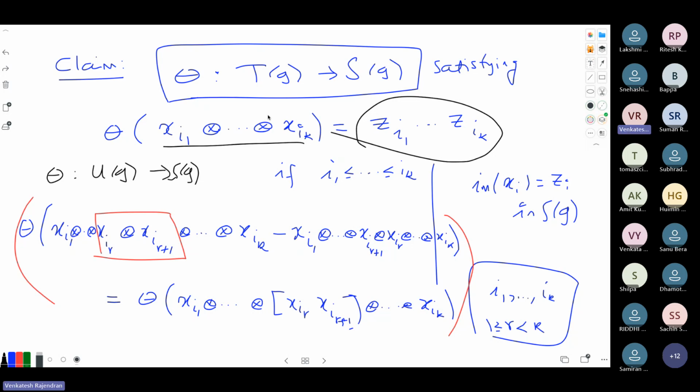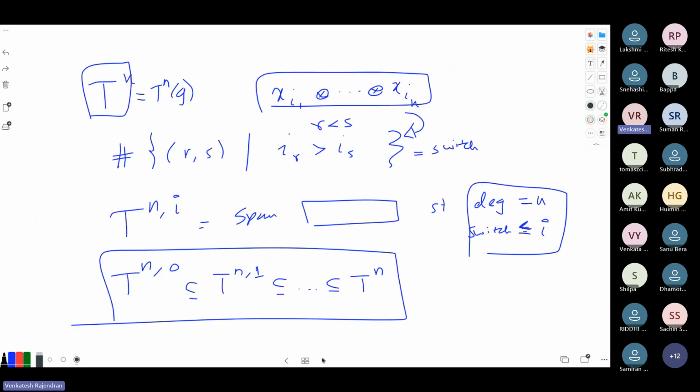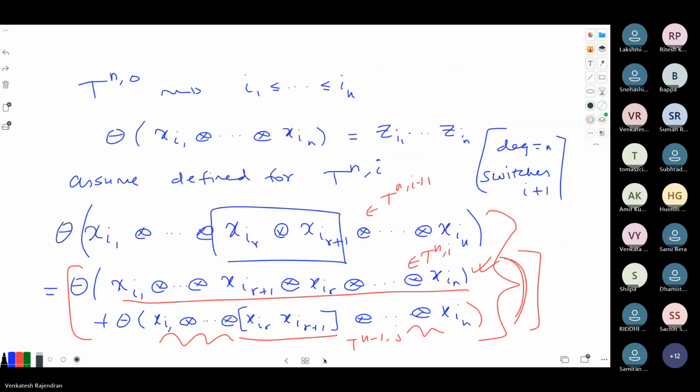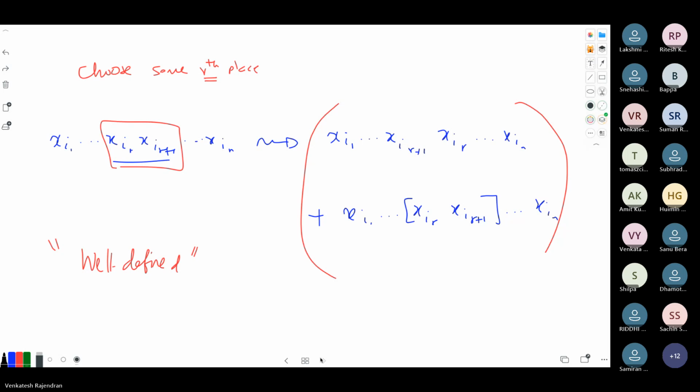That is how you prove this PBW theorem. Okay, so I will stop here because we are running out of time. This well-definedness we will check during the tutorial.